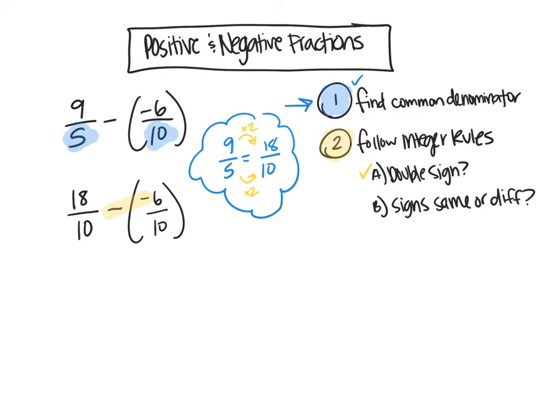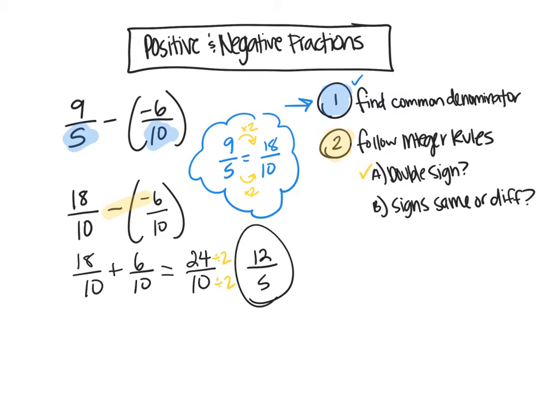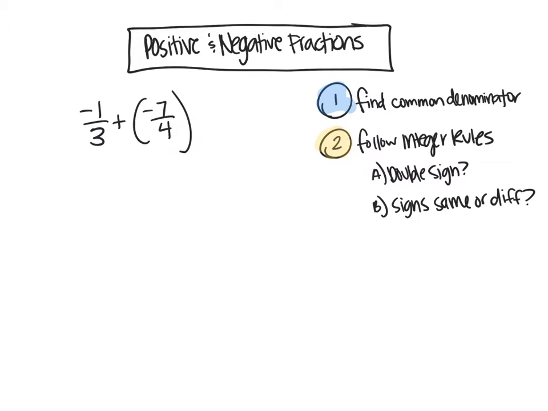I rewrite it, 18 tenths plus 6 tenths, because that's what it simplified to. And now I just have positives, which is great. And it gives me 24 tenths. 24 tenths simplifies to 12/5, which is my final answer.